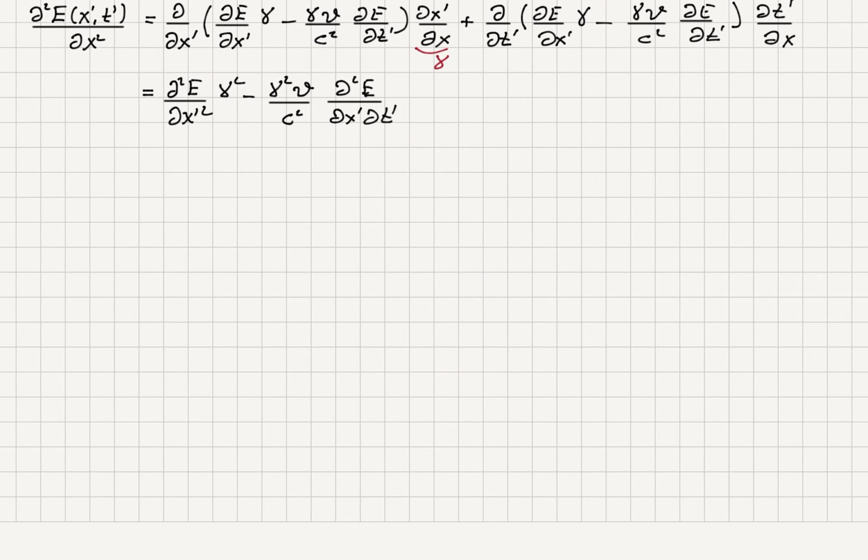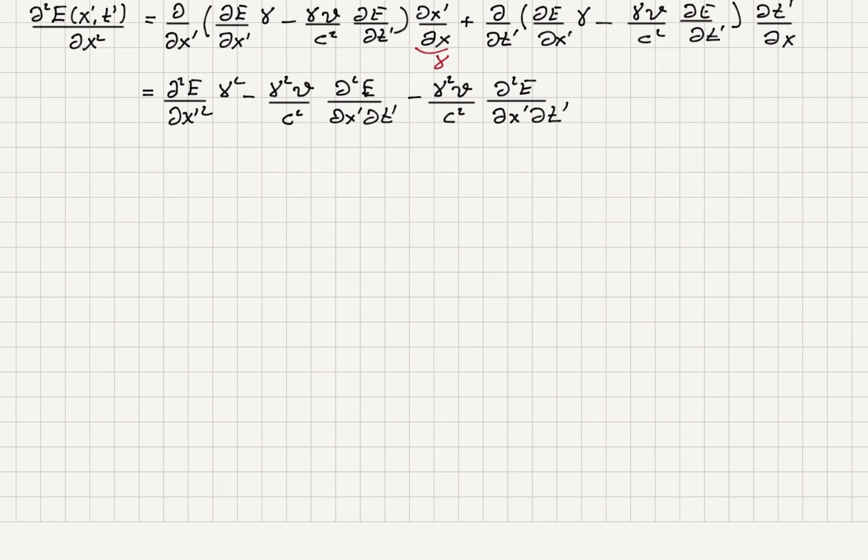So I'm going to substitute, because this term also has gamma, minus gamma squared v over c squared, I have del squared E del t prime del x prime, but the order doesn't matter, so let's write it as del x prime del t prime.